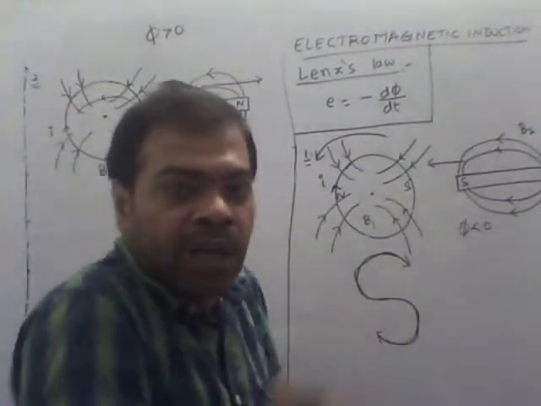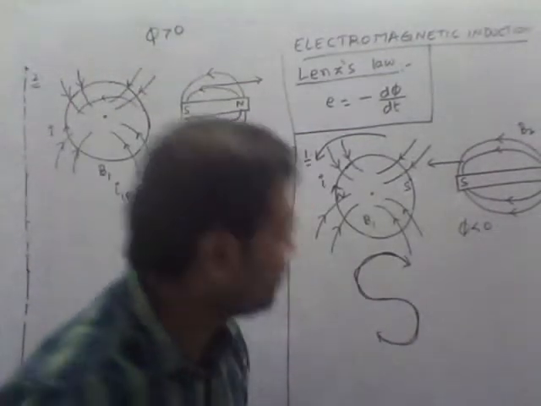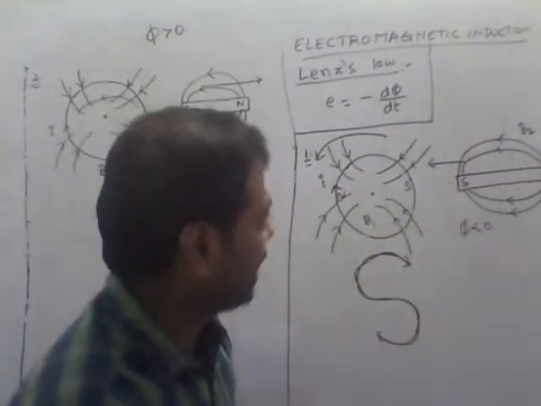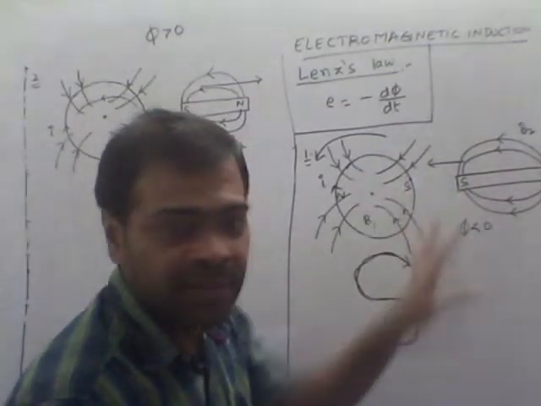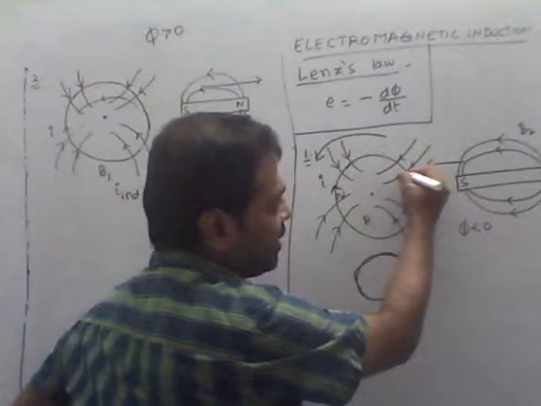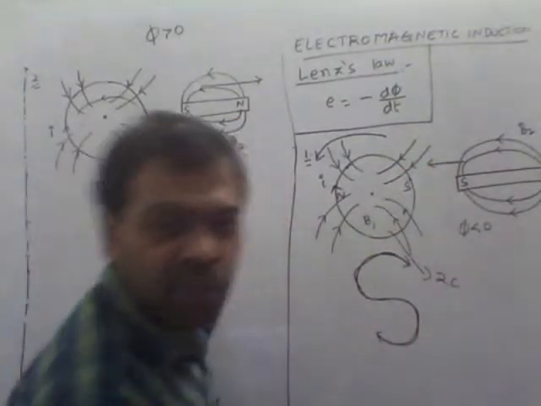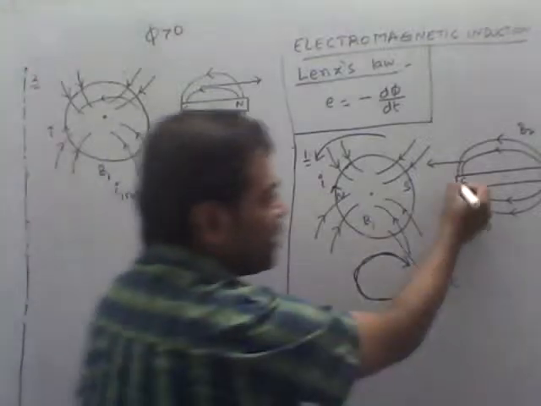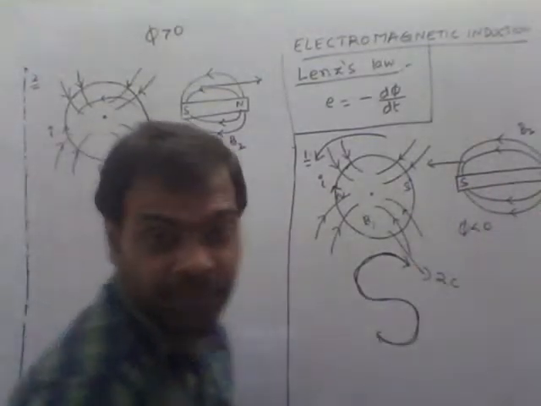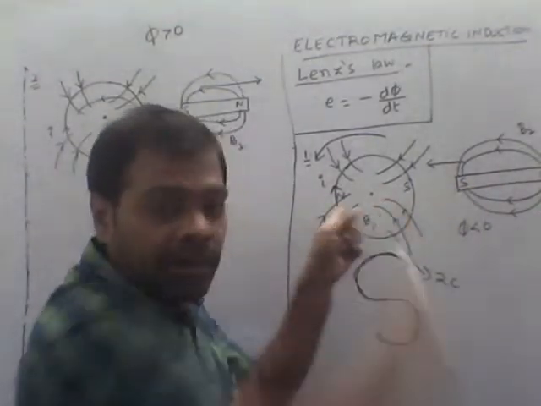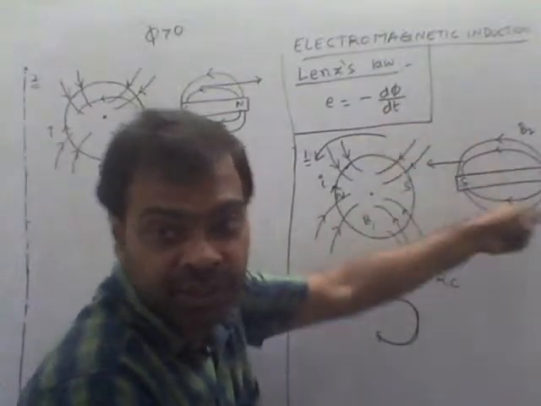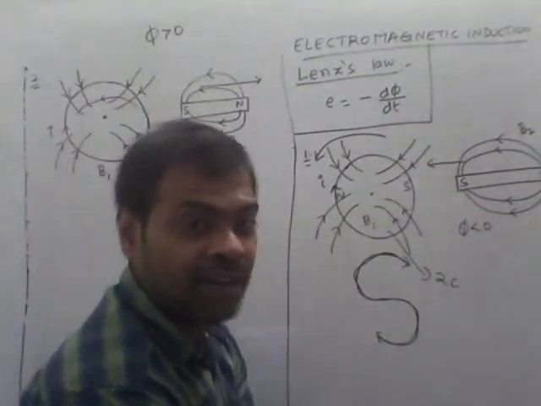Suppose the coil is absorbing, let us consider two charges, 2 coulomb. Here it will be 2 coulomb, it is less. In the same manner, the magnet will also get induced.